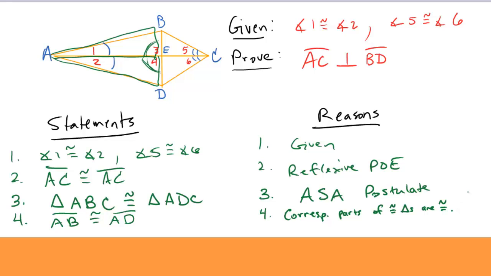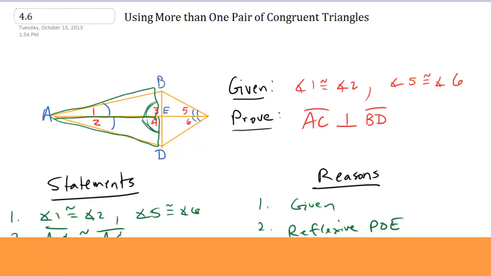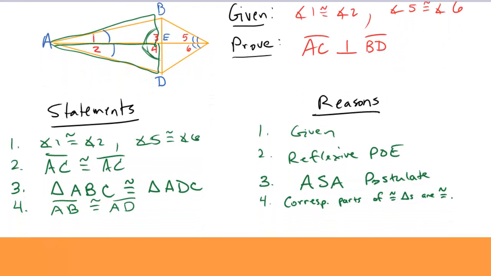Okay, so now I know that segment AB is congruent to segment AD. But I also know AE is congruent to itself. So let's state that.